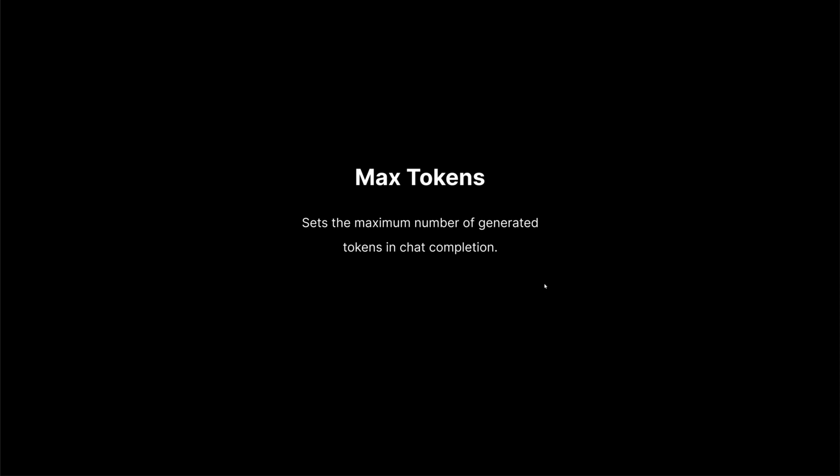That's going to require a lot of tokens because articles and PDFs are huge, and we just saw how many tokens it costs for a lot of prompts. Max tokens, as the name suggests, sets the maximum number of generated tokens in the chat completion. I'll show you in a few seconds, but you don't have to worry about that for now.